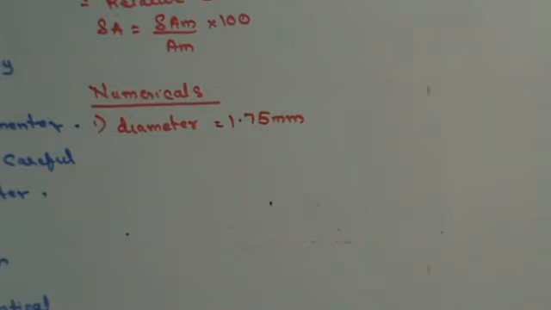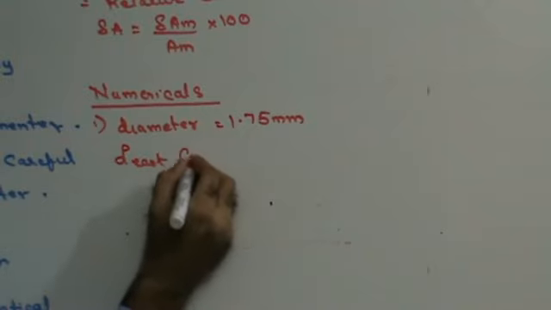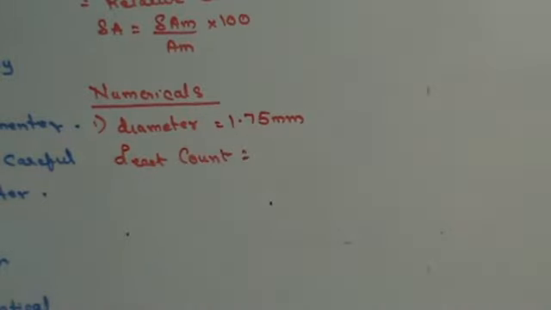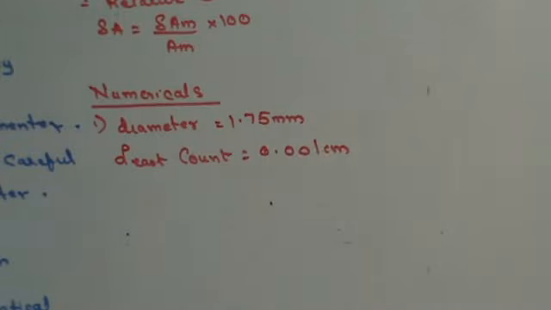The least count of the micrometer screw gauge is 0.001 centimeters. Find the percentage error in the measurement.